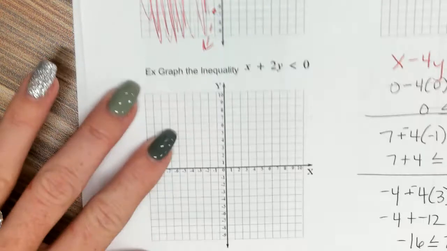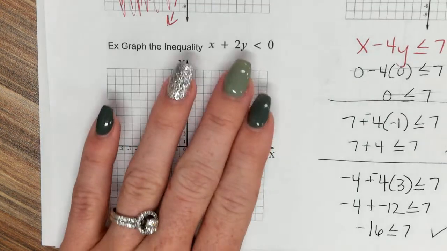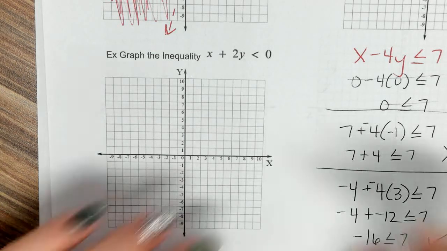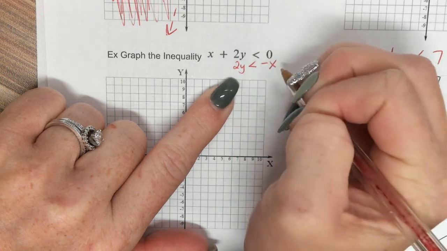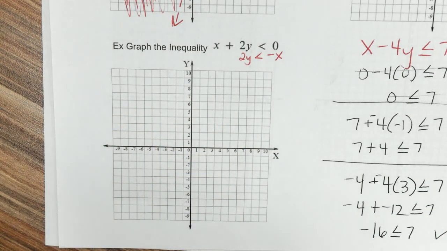Let's do this one at the bottom. Are we ready? I am going to graph this, but first I need to rearrange it. So let's go rearrange it. I have 2y is less than negative x. Now, guys, tell me about inequalities. We've learned how to solve them. What happens if I multiply or divide by a negative?